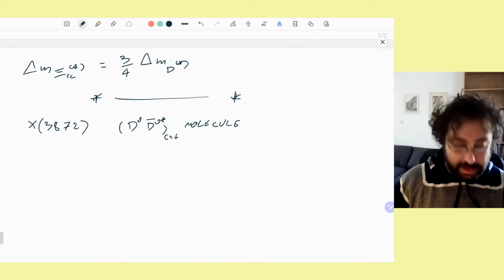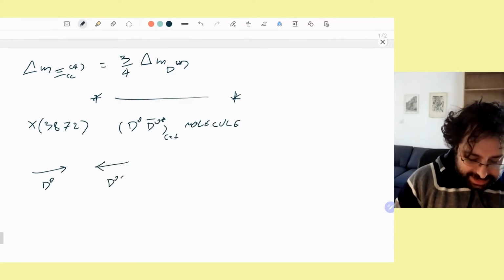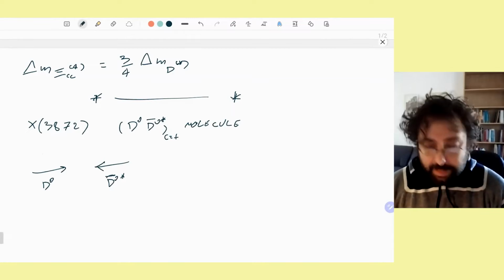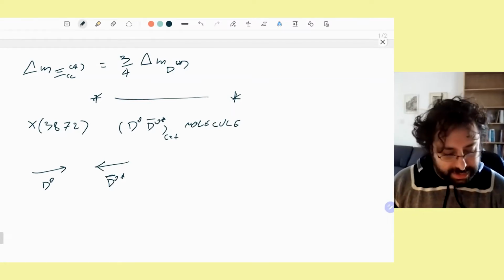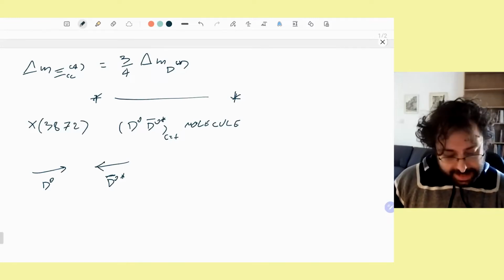What does this mean? Well, it means that if you were able to scatter a D0 meson and a D0-star-bar meson, you would be able to see something that is related to the X(3872), because if this is a bound state of the two, there will be a prominent signal in this.